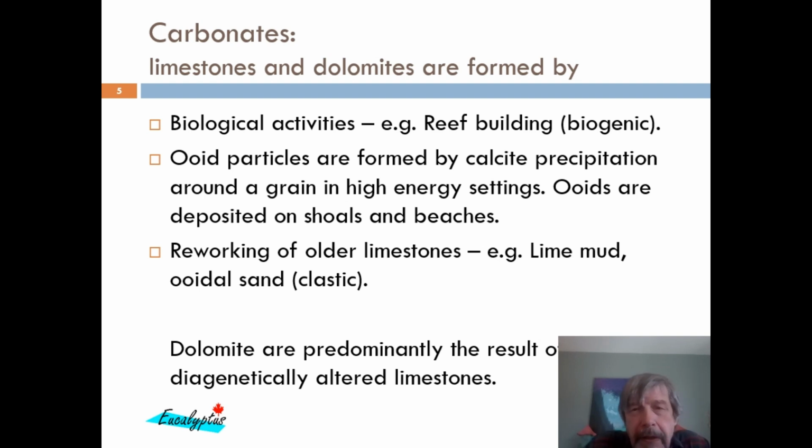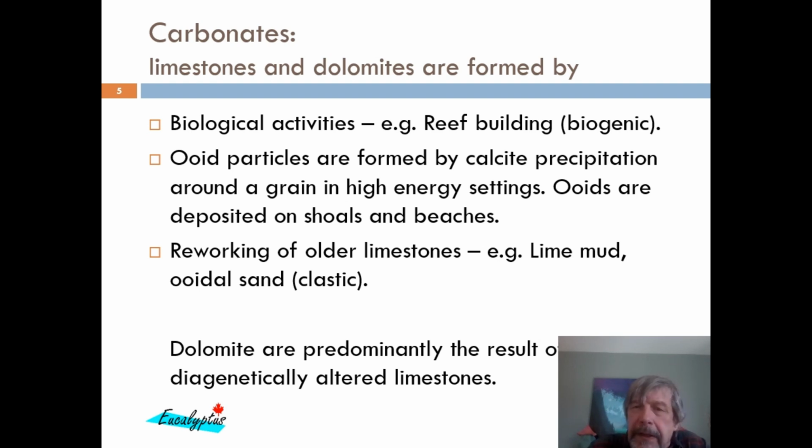You can also get algae building up thinly laminated limestones, and we call them algal mats. Then you can have fairly highly concentrated calcite solutions, often still normal marine, and then the calcite precipitates out in concentric circles around a little core grain, a center of precipitation.